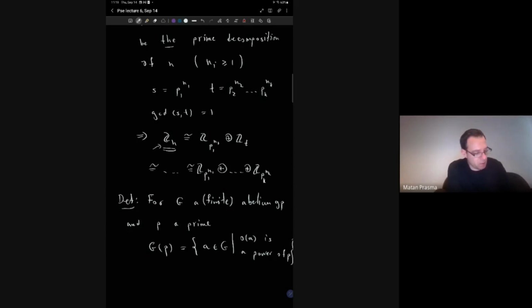Okay, so this is equivalent to saying that it's all the elements in G, and since we use additive notation, it means that p to the n a is equal to 0 for some n. But note that this n could be different for different elements a.